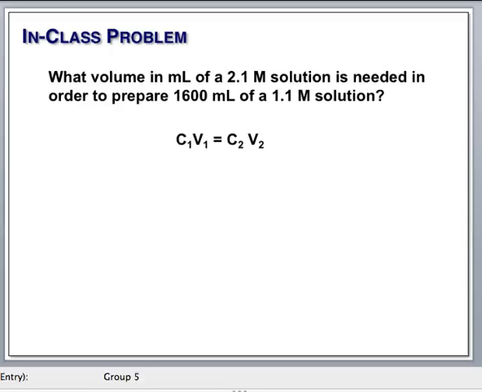We know our initial concentration is 2.1. Our final is 1.1, and our final volume is 1.6 liters. So we plug all these things in and solve for V1: 1.1 times 1.6 divided by 2.1.